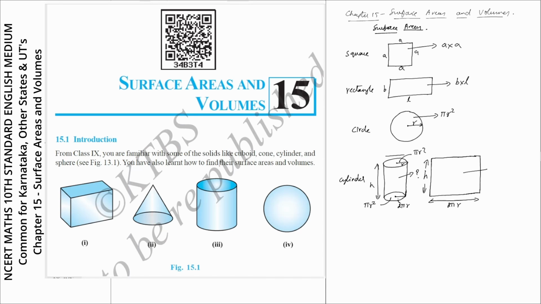What is the area of this? The area of a rectangle is length into breadth, so the area is 2 pi r into h, or simply 2 pi r h, which is the curved surface area of the cylinder.